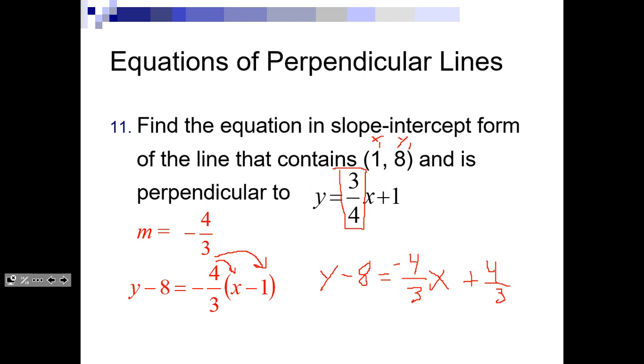And now we are going to add that 8, and we're going to keep that as a fraction over there. So we're going to end up with y equals negative 4 over 3 x plus an 8 as a fraction over 3, so we can add it to the 4: 8 is 24 over 3. 24 plus 4 gives me 28 over 3.